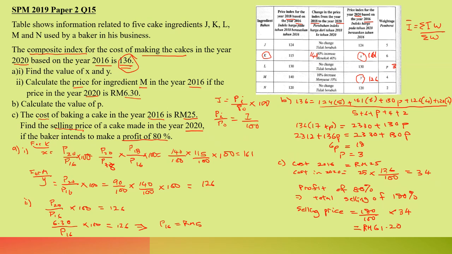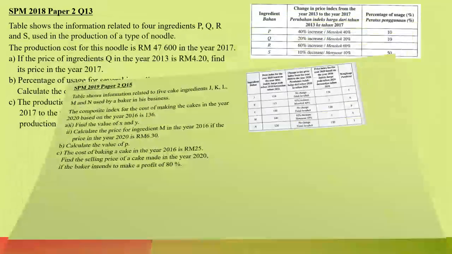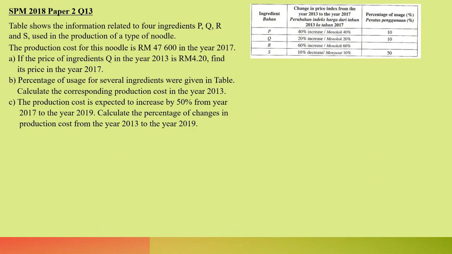So for your index number, your question will ask most of the time price index and composite index. So you need to know these two formulas very well. Okay, let's see another year, 2018 is given in this form. So what they ask you to find is, this is talking about type of noodles and the ingredients involved.